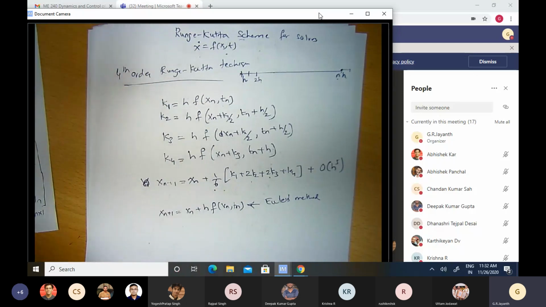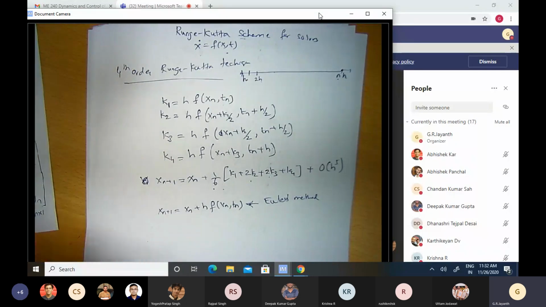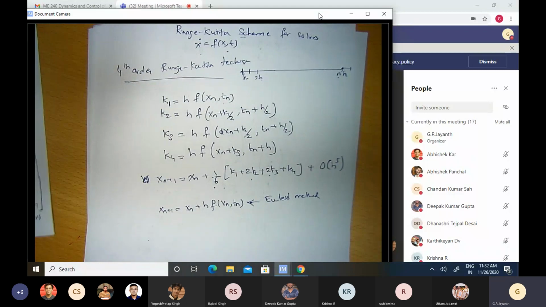But Runge-Kutta technique can be generalized. You can have second order, third order, fourth order, fifth order, sixth order, whatever order you want. Okay, and as you increase the order of your technique, the more number of terms you will have to compute, but the accuracy of the solution also therefore increases. Okay, so this is one common technique that is used.